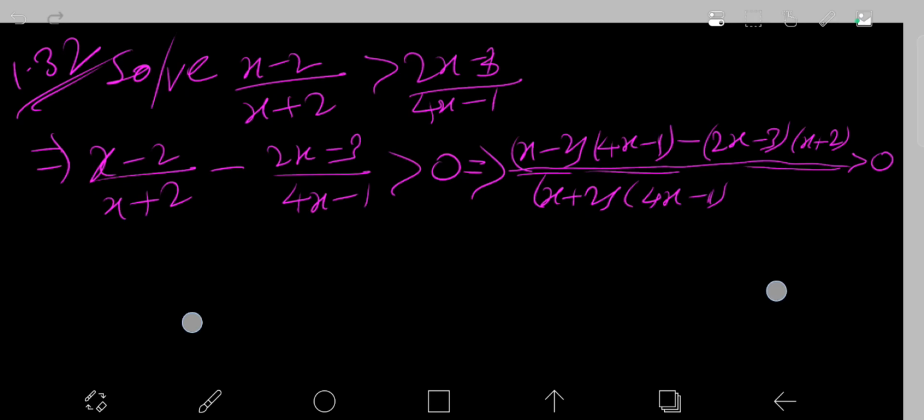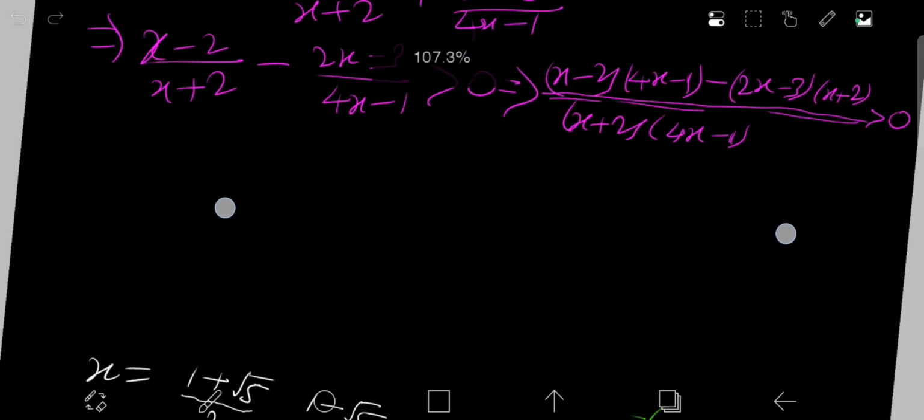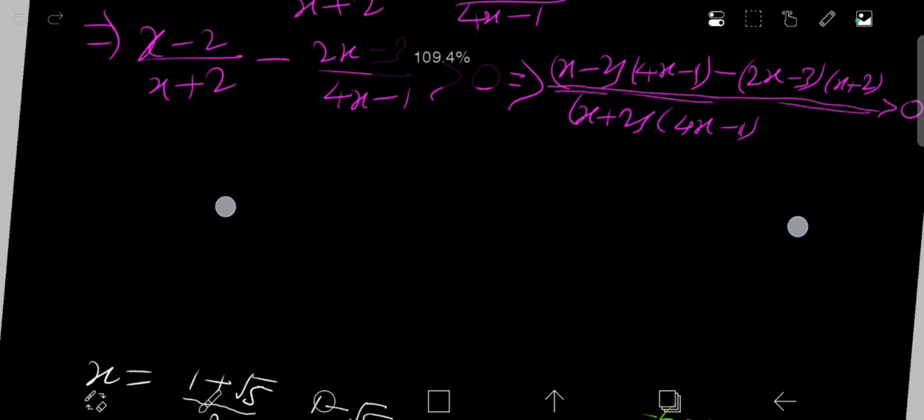Now we will solve this: multiply and factorize.